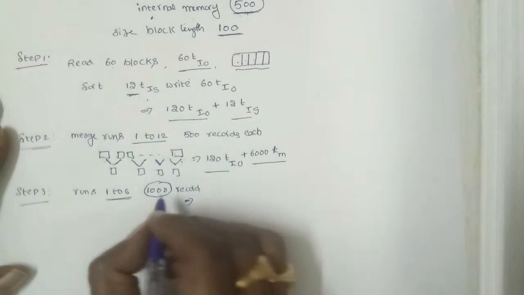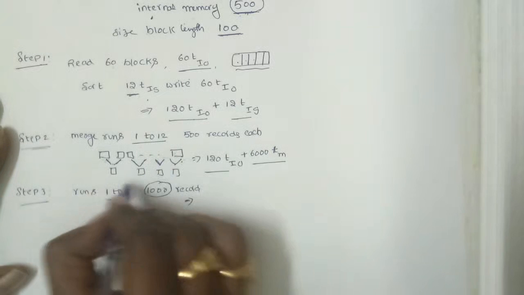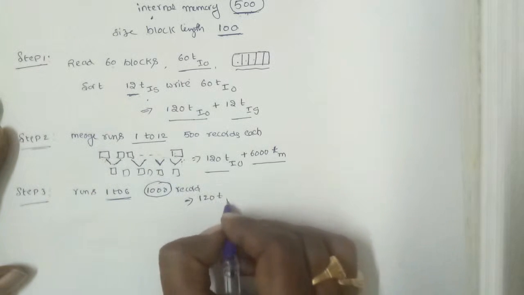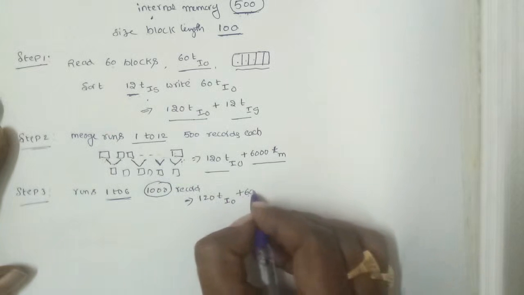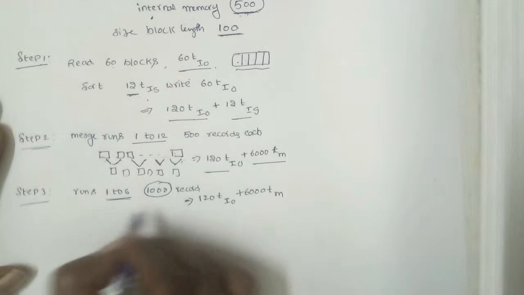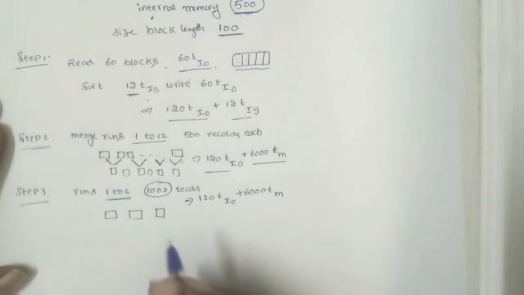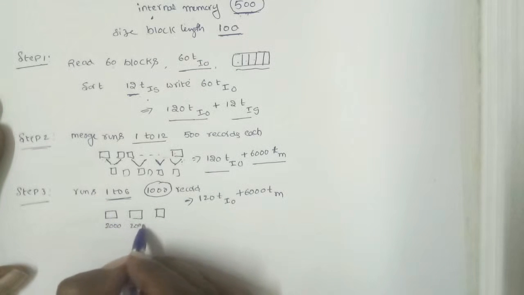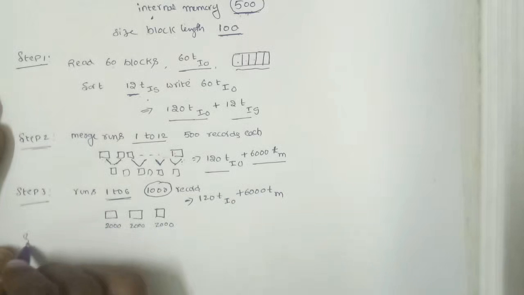Again what is the time? In this case also I am using all the 6, that is, I am reading the total and performing the merge operation on the total. By performing this, the 6 are converted into 3, each of size 2000.